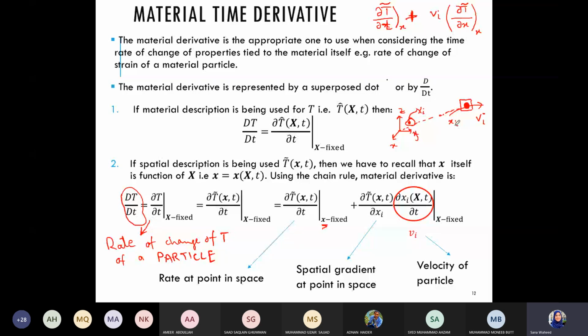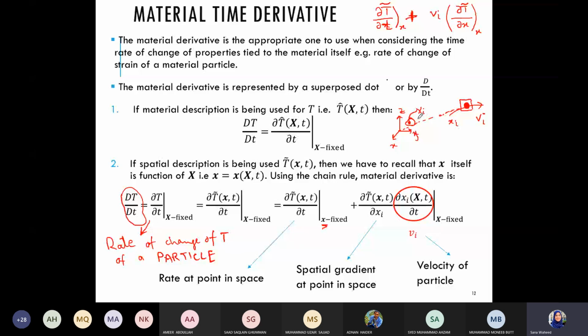But I don't want the temperature derivative at this point in space, because sometimes one particle passes through it, sometimes another, sometimes a third, and so on. I want to find how the temperature of this particle changes with respect to time.